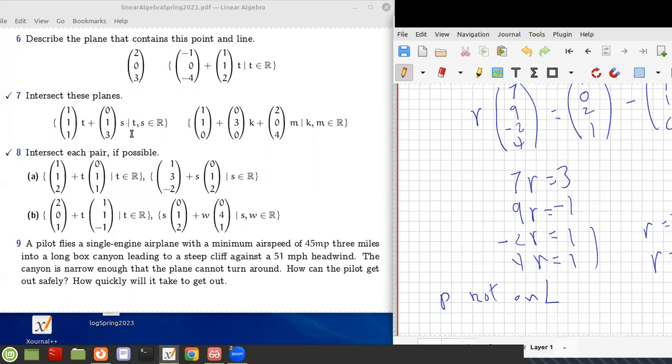Now, the 2 planes might not intersect, so the solution set could be an empty set. Or if 2 planes do intersect, they can intersect in a line, right? But they can't intersect in a point. So I'm going to get either a contradiction if the two planes are parallel, or if they're not parallel, they're going to intersect in a line, so I'm going to get another set. So the answer here is going to be a set with one variable.